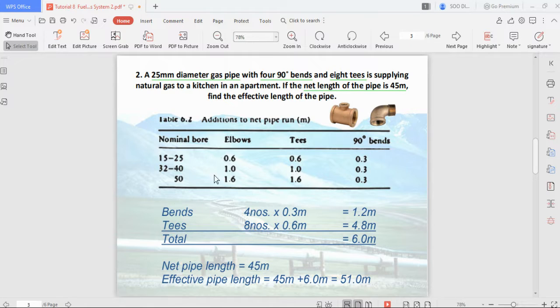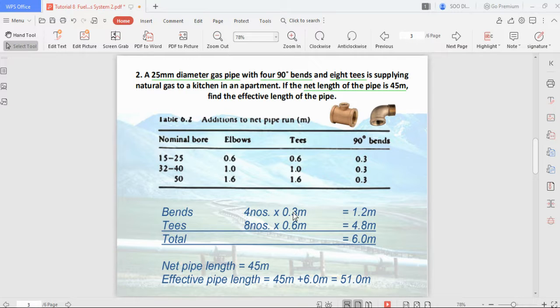So referring to 25, which is here, the nominal bore, addition to net pipe run, you have the 25 mm gas pipe diameter, and then you have 4 90-degree bends, which is 0.3.